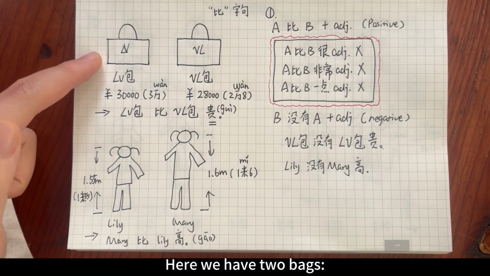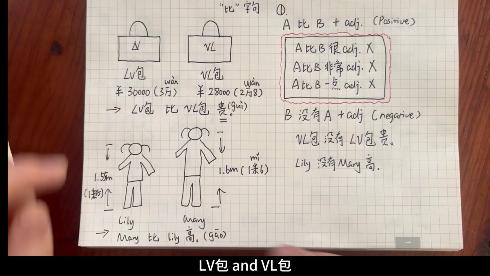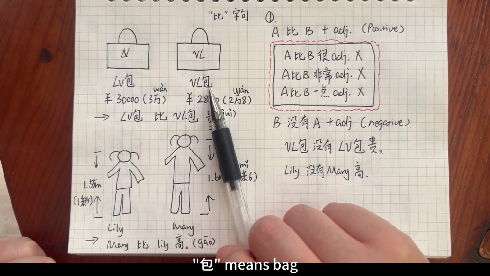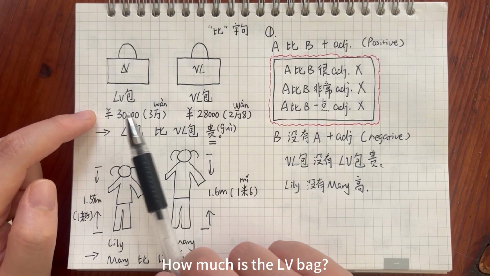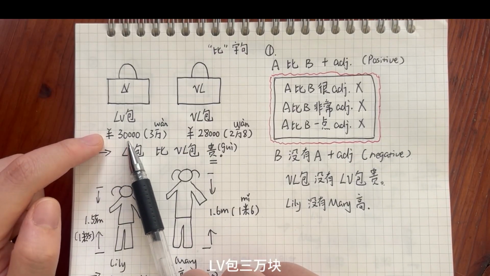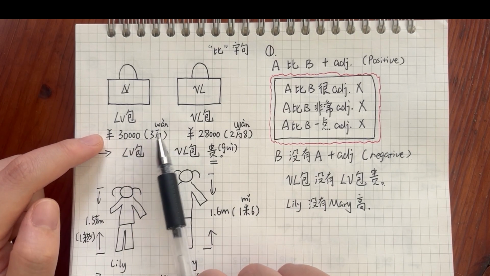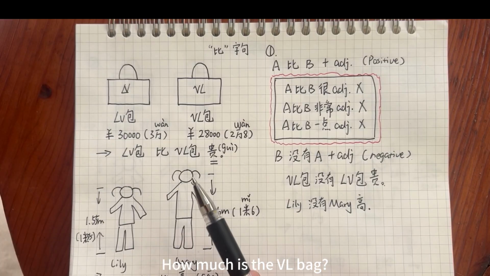So here we have 2 bags, LV 包和 EL 包。包 it means bag. LV 包多少钱？How much is LV bag? LV 包3万块，3万块。VL 包多少钱？How much is VL bag?